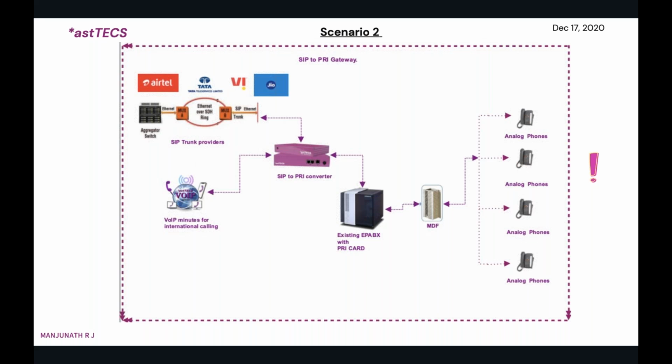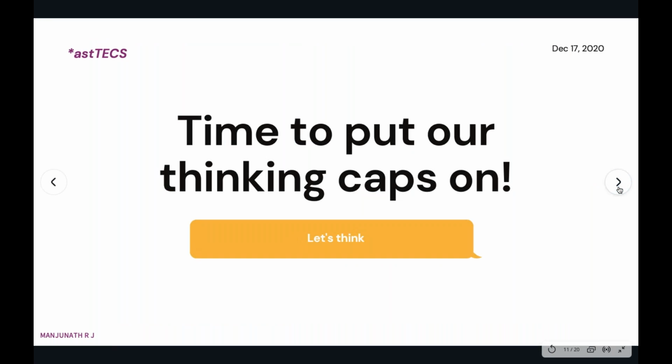From here, maybe I can take you through the other benefits in my next slides. Now it's time to put our thinking caps on. The most intelligent part of this gateway is that you can use VoIP minutes, as I said.